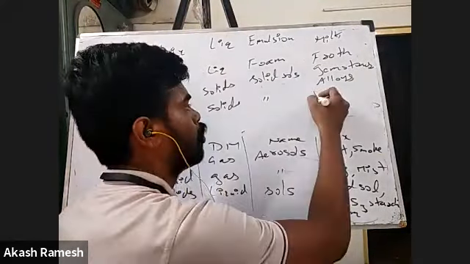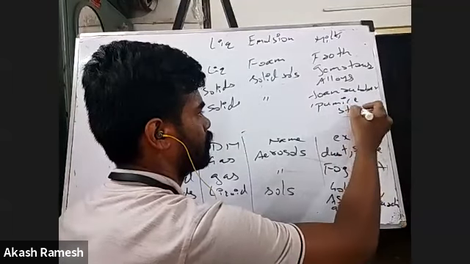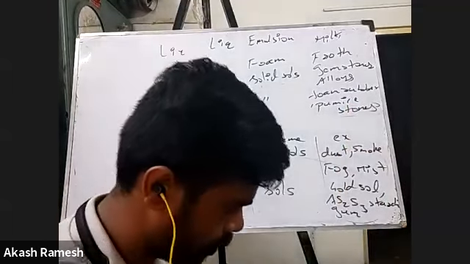Here you have foam rubber, and you have something called pumice stones. So all these are the examples.